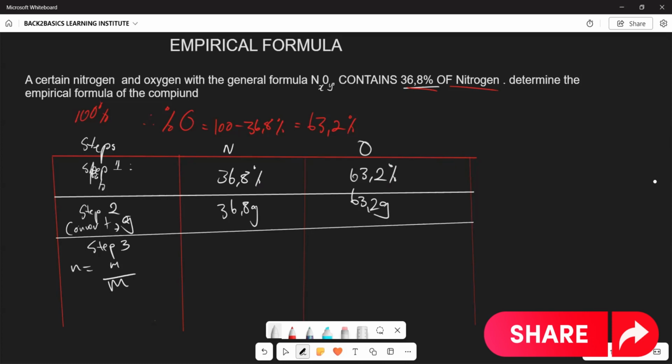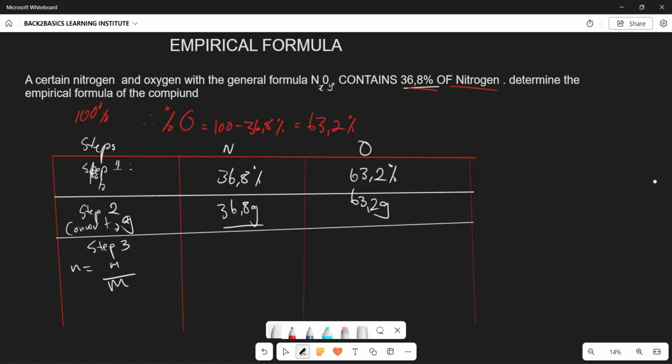Now, let's start here. Already you have this in terms of grams. So this is the same as 36.8 grams divided by the molar mass of your nitrogen, which is 14. So what are the moles that you are going to get here?